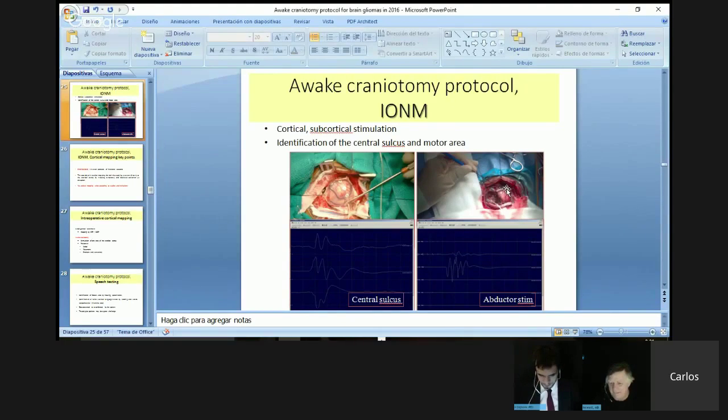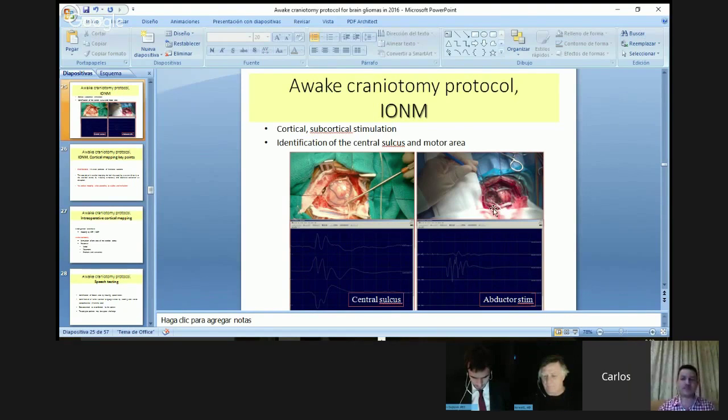We can see the subcortical electrical stimulation, where we stimulate the white matter. In the left part, we can see what is above when we localize the central sulcus, and on the other side, the change that we observe during the abductor stimulation.